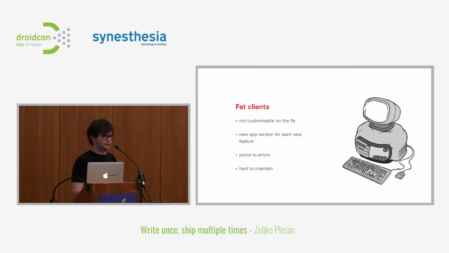If you want to develop a new feature, or disable something, enable something, change something, you actually have to release new versions. They are prone to errors and they are extremely hard to maintain in white label systems.